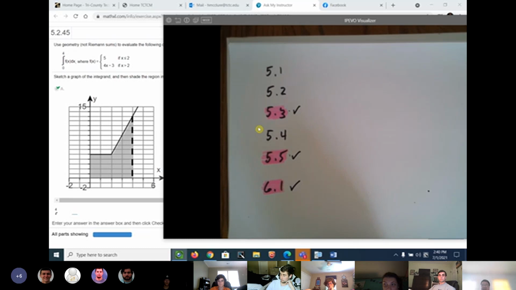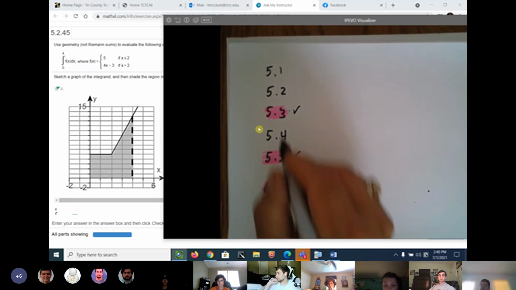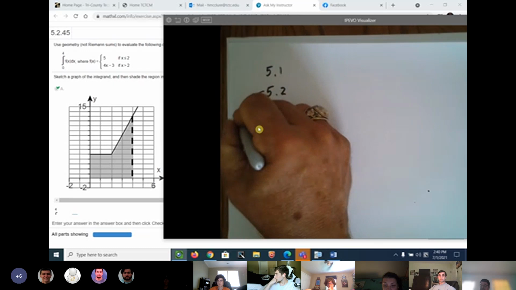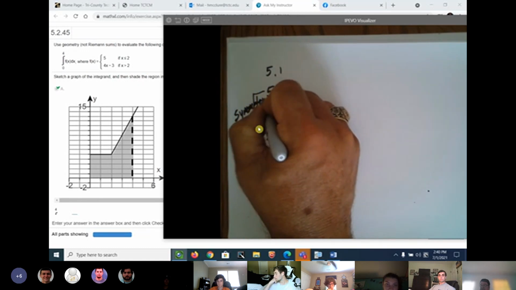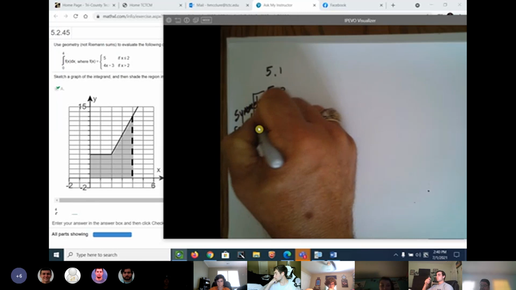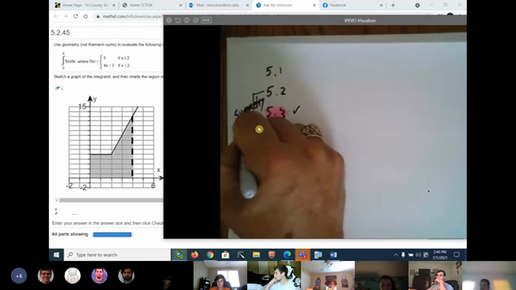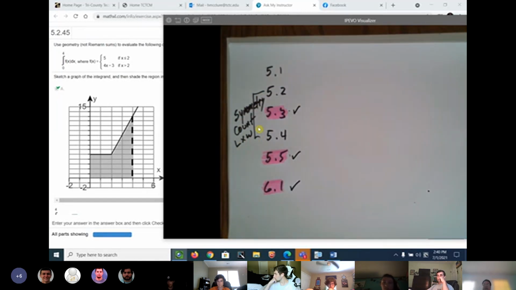So I don't want to waste a lot of time going over the symmetry sections, being able to count blocks and being able to do length times width. I don't need y'all to be worried about that. I need you to worry about the power rule, substitution, and finding the area between two curves.